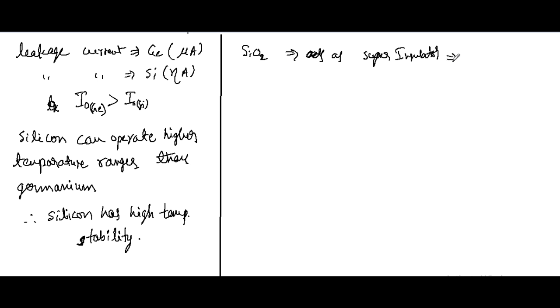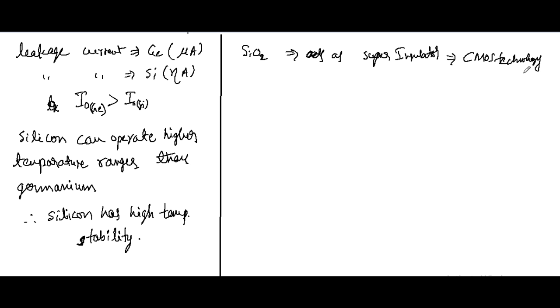So this concept, this analysis, is used in CMOS technology. In the CMOS design process, the silicon dioxide layer is used because insulators are required. So for that purpose, this layer is used here. Silicon dioxide acts as a super insulator.